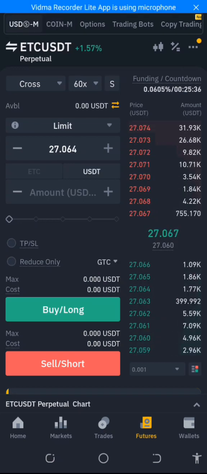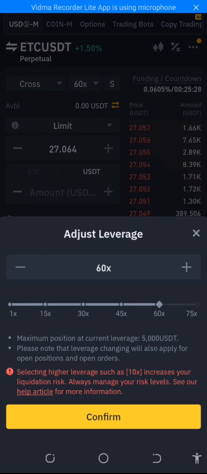Now, the next important thing you have to know about futures trading is what they call leverage. You see this place where it's written 60x. This is leverage. Leverage simply means that you want to borrow money to add to what you have in order to trade. It does not mean that they're going to credit you money. Let's assume that what you have in your futures wallet is just $100, and you want to make a trade of $1,000.